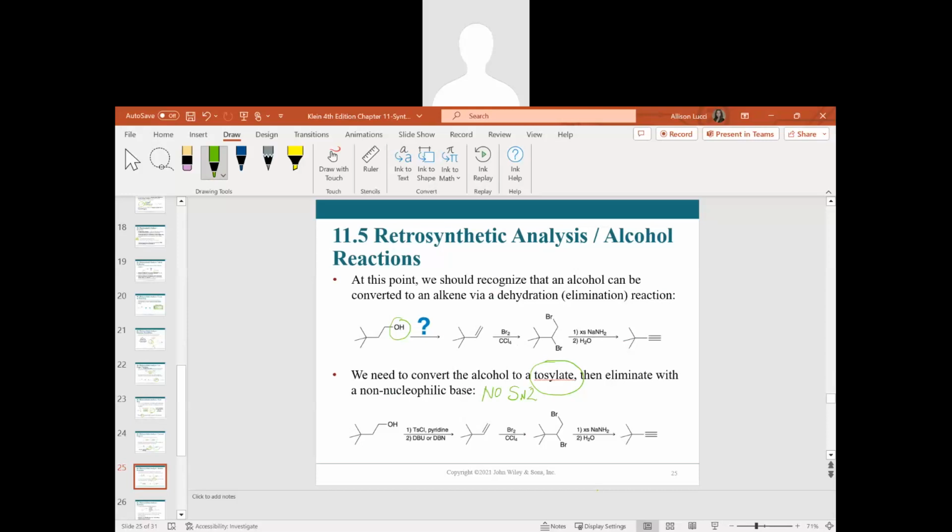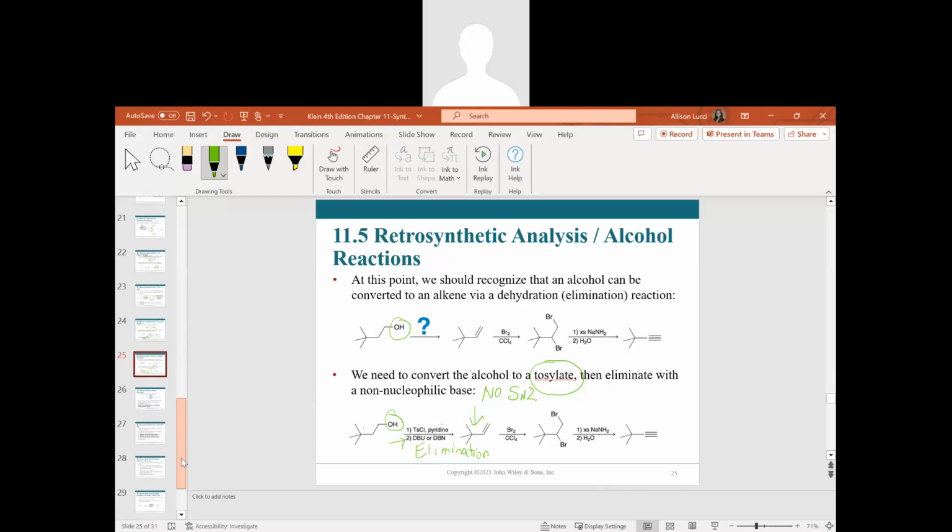So no substitutions. We would only have an elimination then, using this DBU or DBN instead of a nucleophilic substitution. So that's how we can use tosyl chloride and pyridine to create this better leaving group, the tosylate, and then perform an elimination to end up with our alkene.